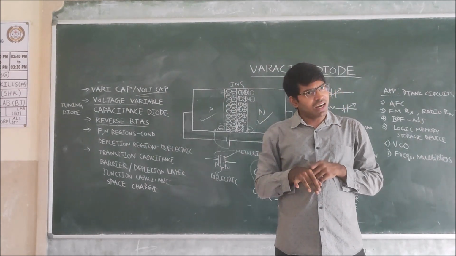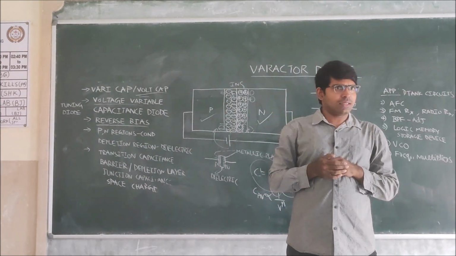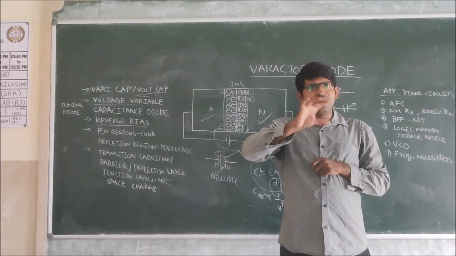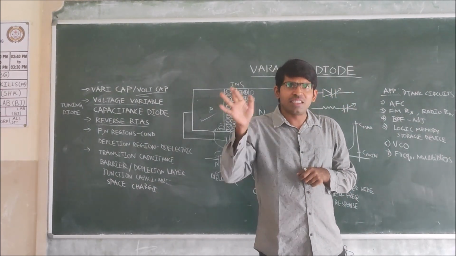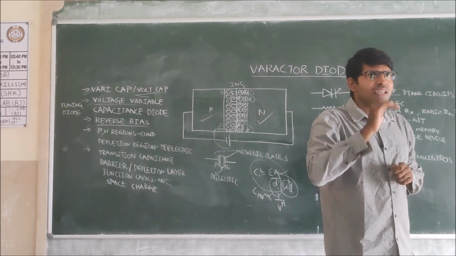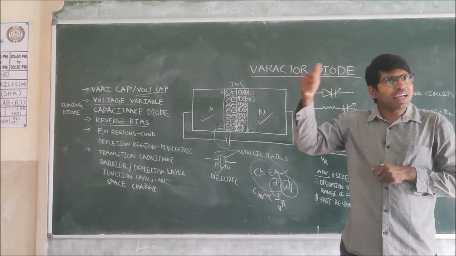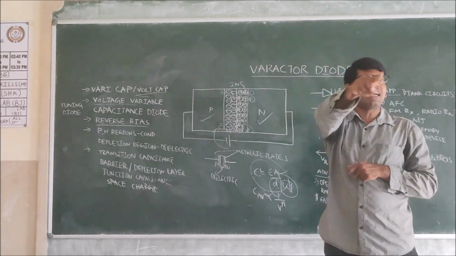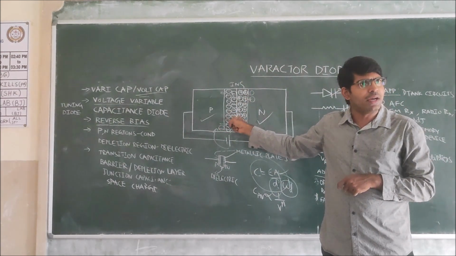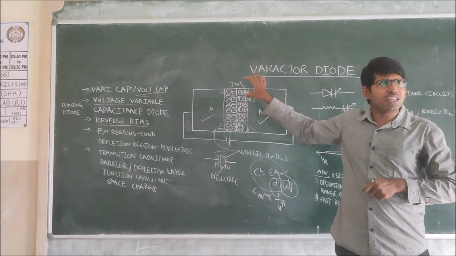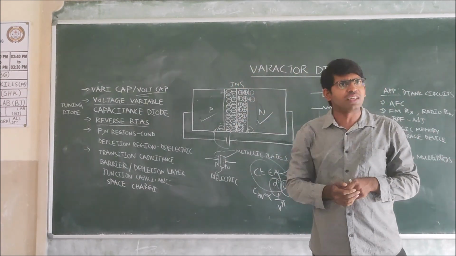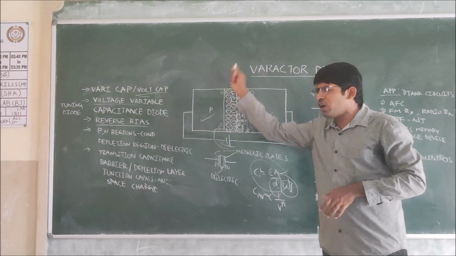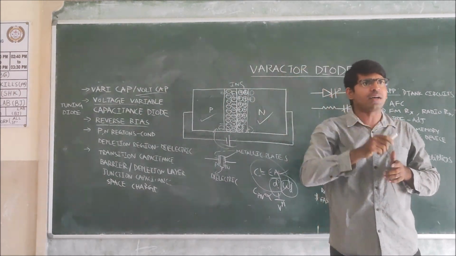We have discussed already that by changing the capacitance, its ability to store charge changes. But the real meaning comes here: by changing the voltage, we are changing the capacitance. Remember this point. By changing the voltage, we are changing the depletion region width. That's why it is called a voltage variable capacitor.